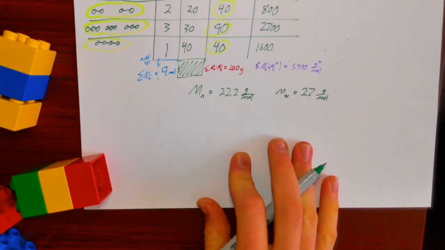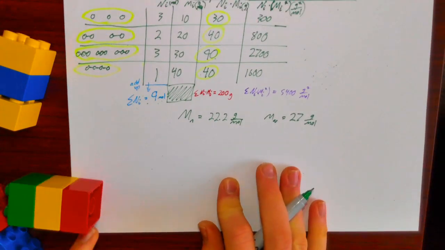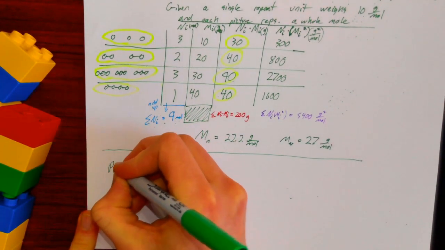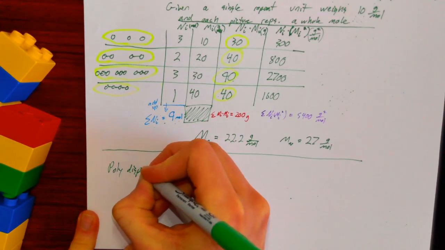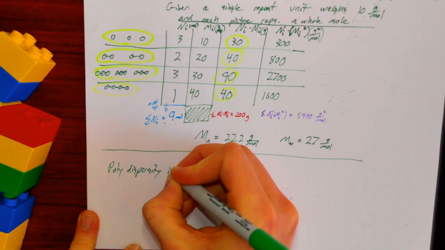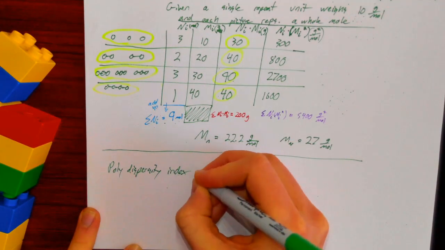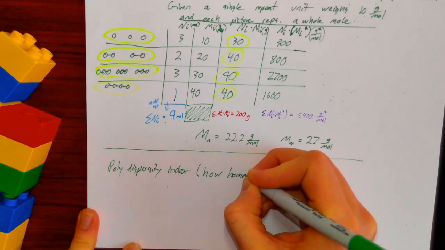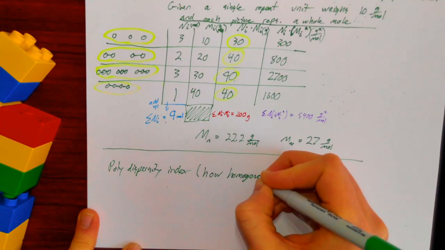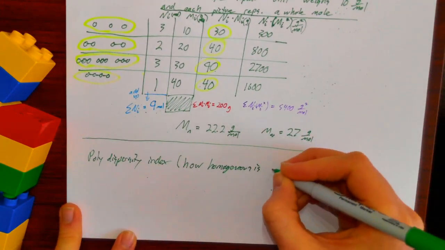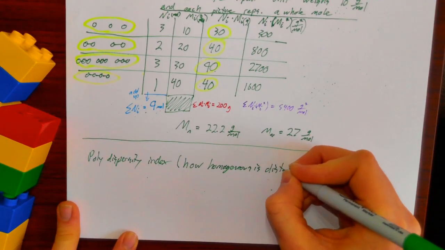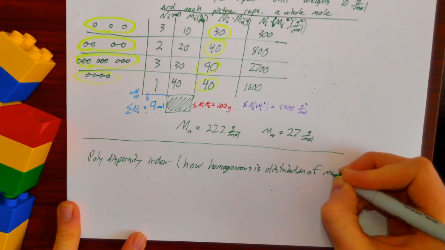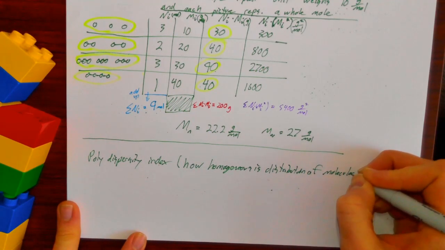One last definition that I'm just going to throw in at the end is the polydispersity index. That's basically a measure of how homogeneous our distribution of molecules is.